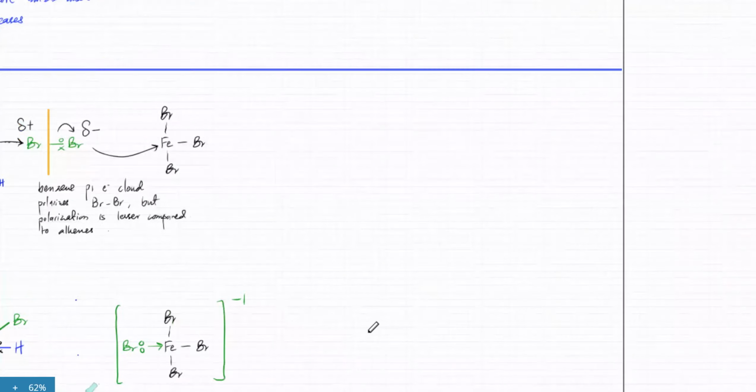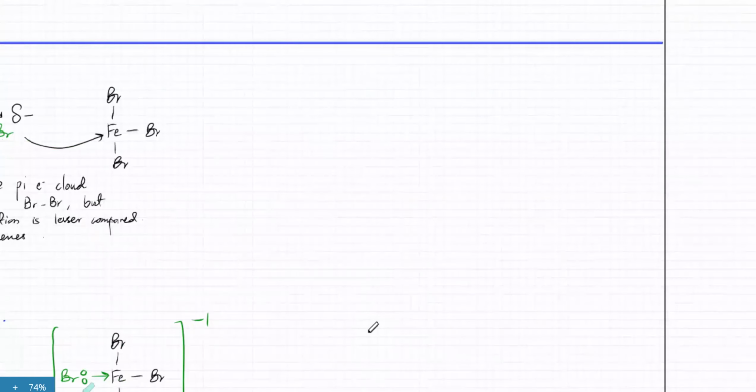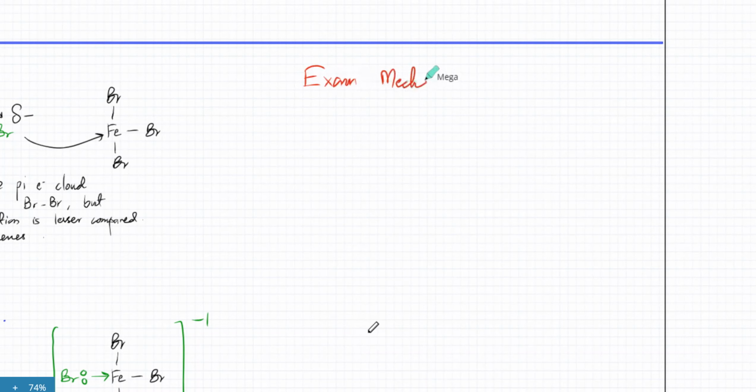So I'm going to draw the mechanism now that you're going to write in your exams, and this is the one that's going to come every time pretty much. I mean, obviously you're not going to draw the three-dimensional drawings over here. So this is the exam mechanism, which is going to be the same thing except a simplified version of that.